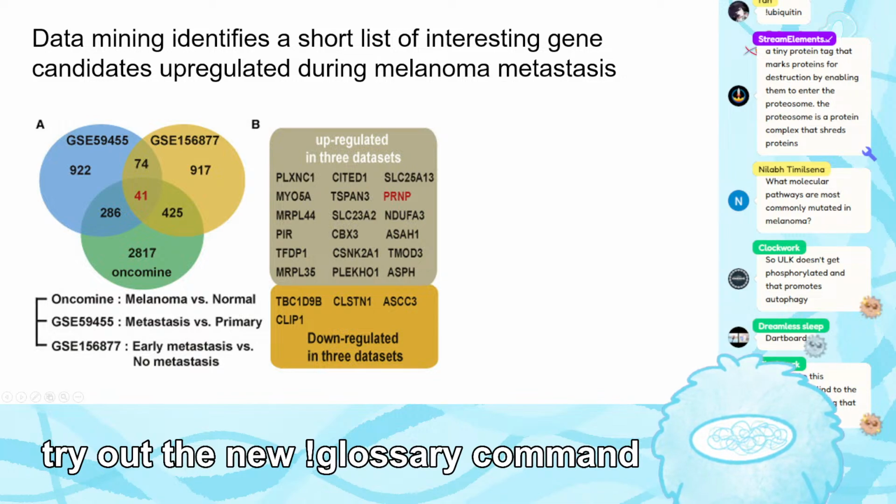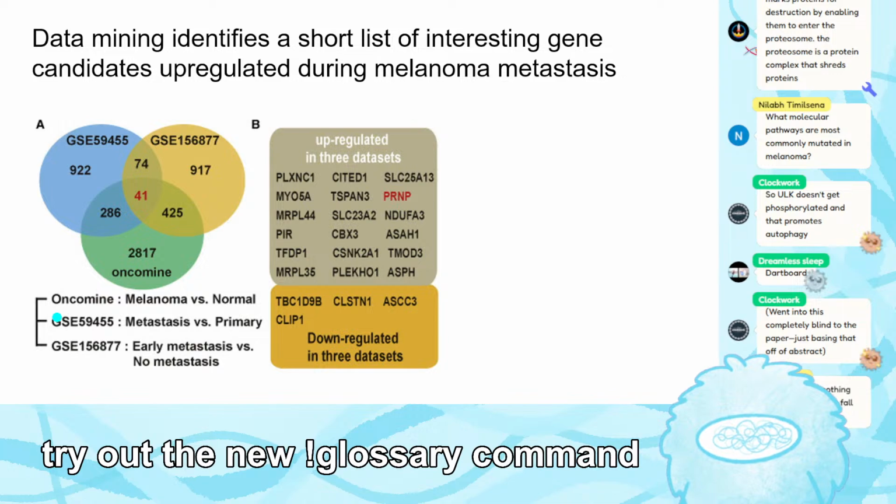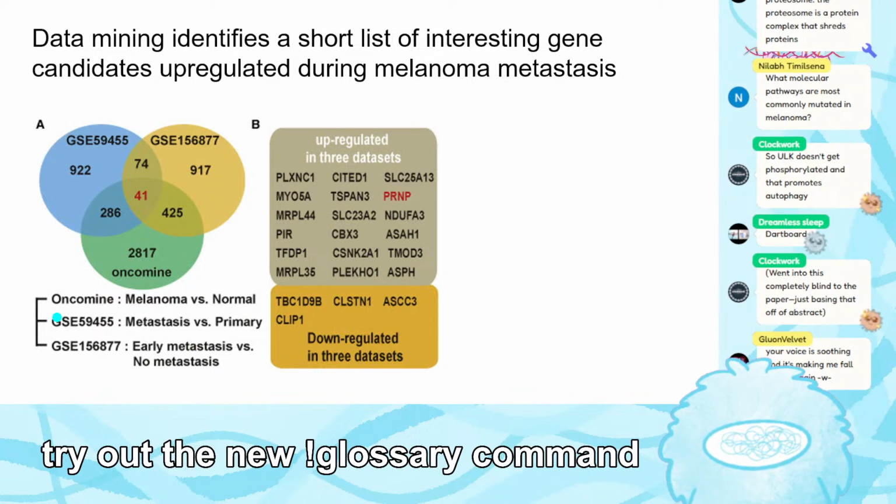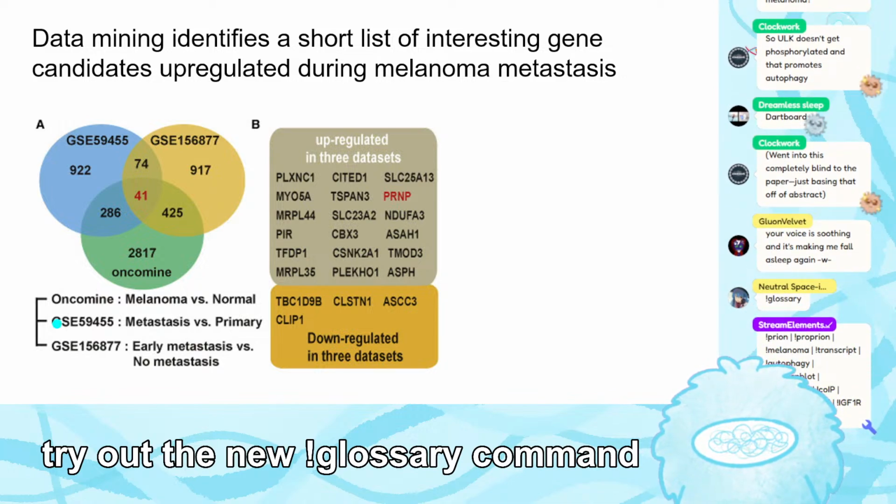This is a set of genes that are differentially regulated in melanoma versus normal skin cells, or normal melanocytes. We have this GSE pathway database that compares the genes that are differentially regulated in metastasis versus the primary tumor. And then a third database that compares early metastasis to no metastasis.